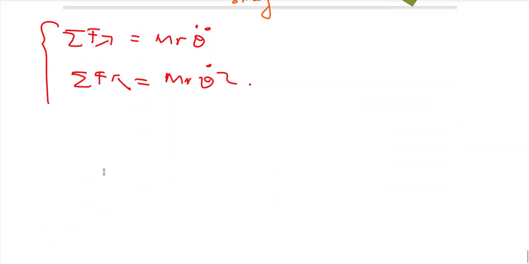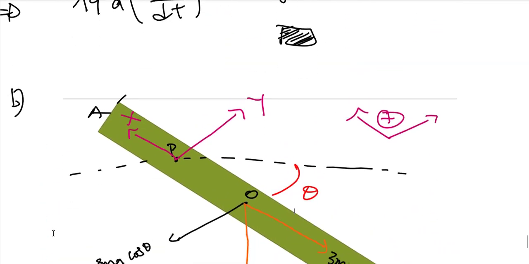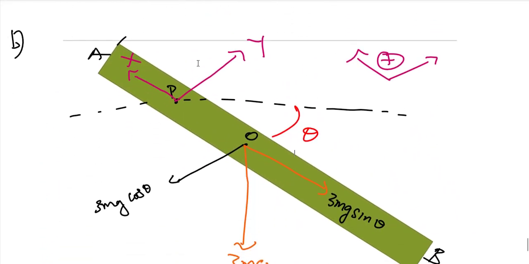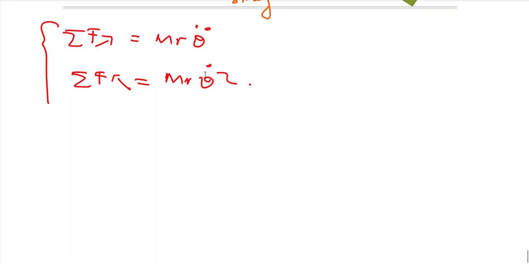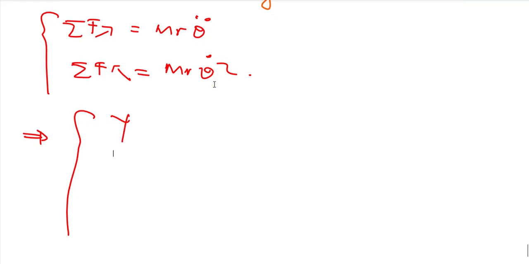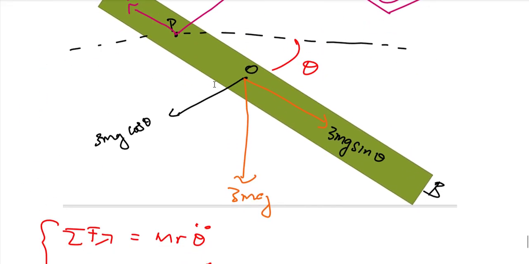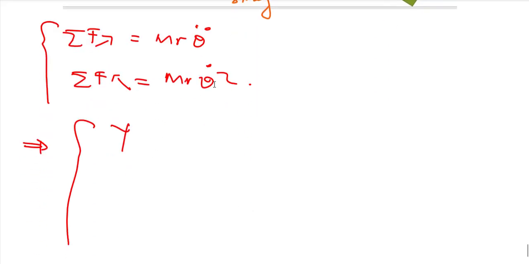Now when we do the resultant, let's begin with the y, along the vertical incline. So our system will be y minus 3mg cos theta, but this should be equal to m r double dot.